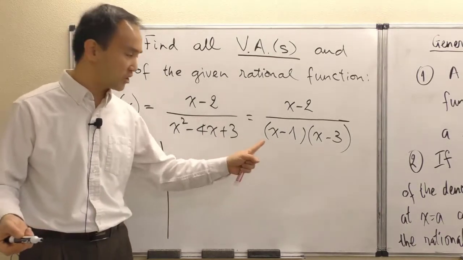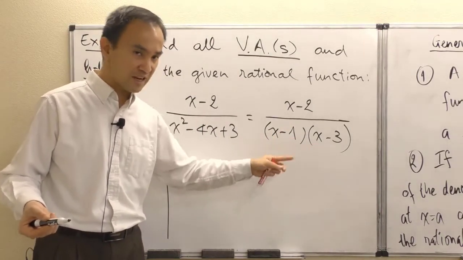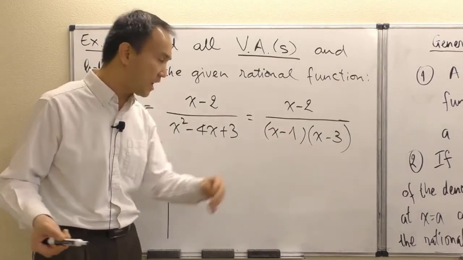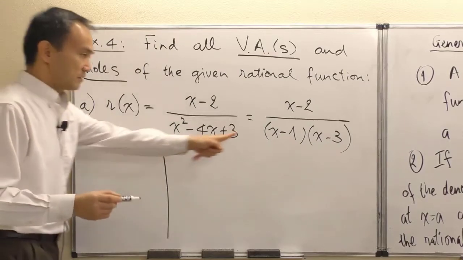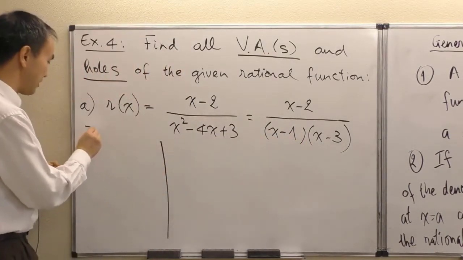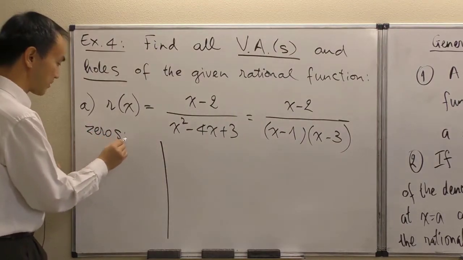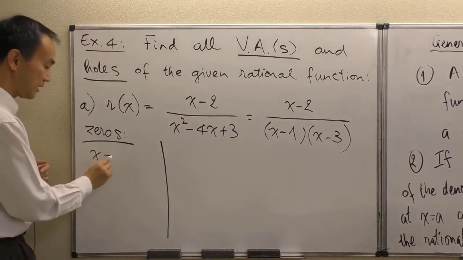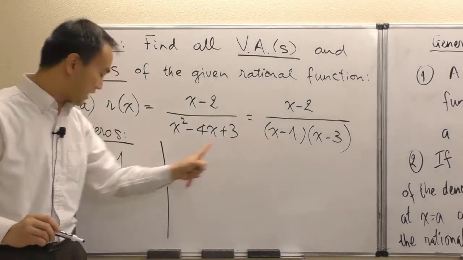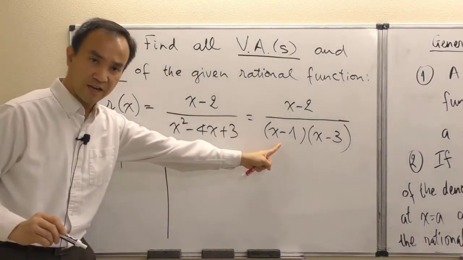So allow me to just quickly write from the factors. I am going to skip over the steps to find the zeros in the denominator. We directly see that the first linear factor gives me a zero. So I'm going to list down the zeros: x equals 1. That's one of them, and the distinct factor corresponding to this zero is x minus 1.